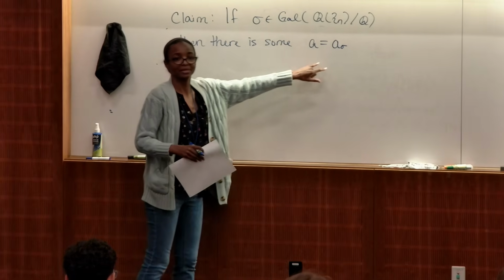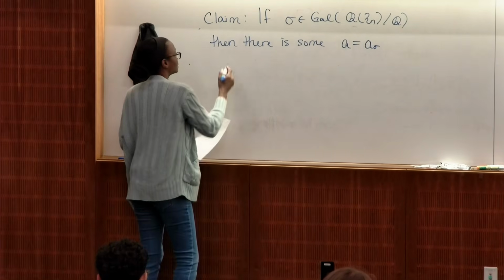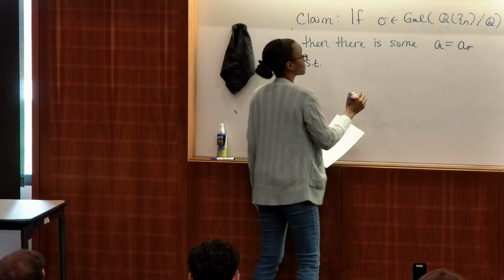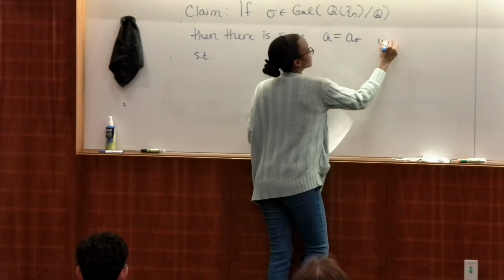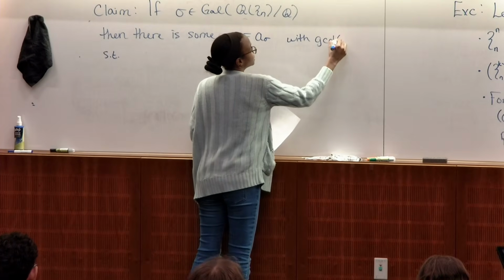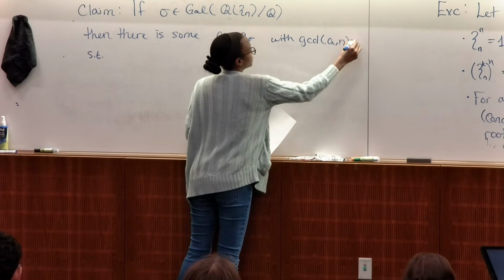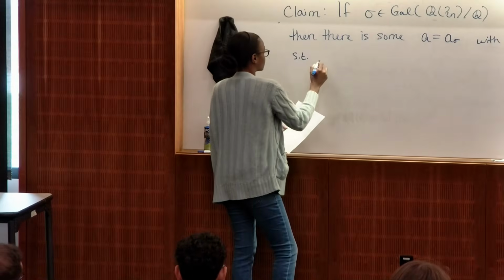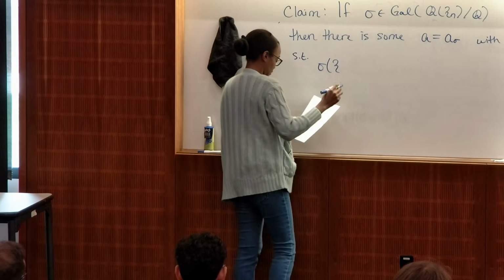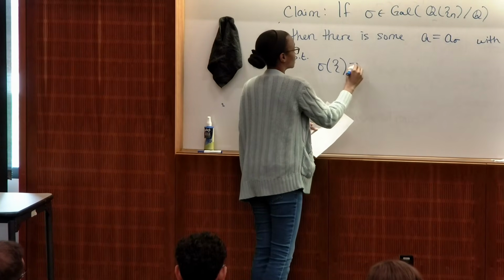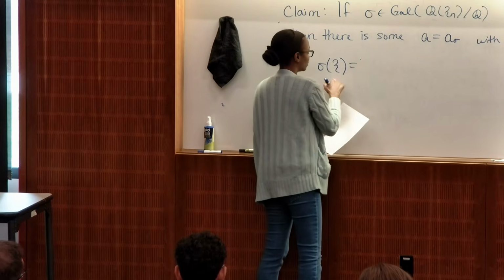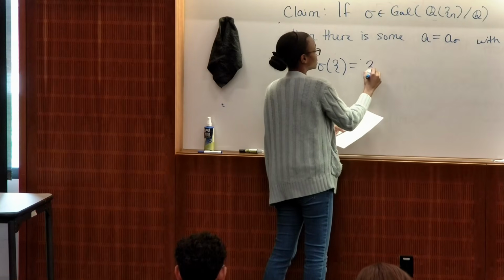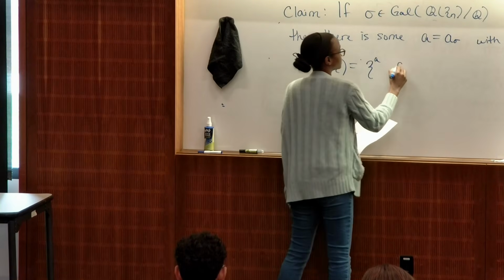I'm going to refer to it as a sub sigma for a reason that you'll see in a second, such that, you do need this condition, the GCD of a and n is 1, so that for any power of zeta n, the automorphism just raises zeta to the a-th power.